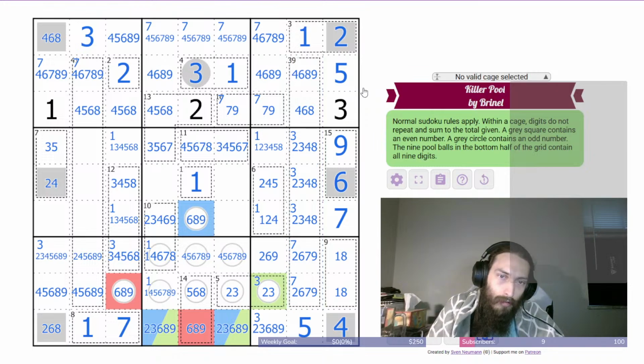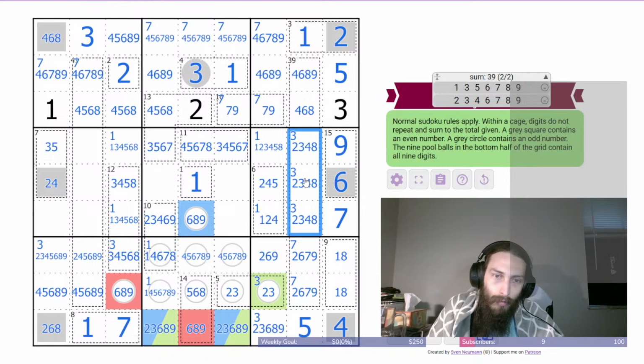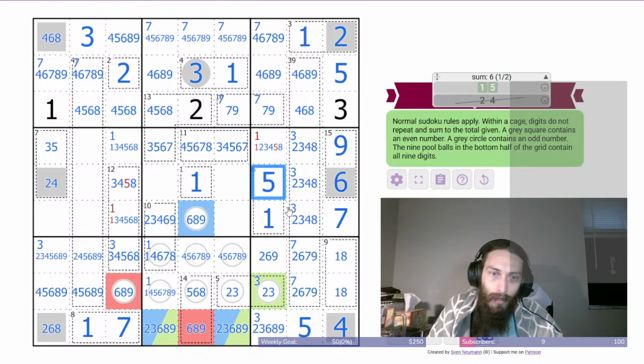That's just all the digits. But now this can't be 2, 4, because there's not enough digits to go in here somehow. Yeah, because these are only 2, 3, 4, and 8. So if this was a 2, 4 pair, this would be a 3, 8 pair, but in 3 digits. Right. So this is 1 and 5.